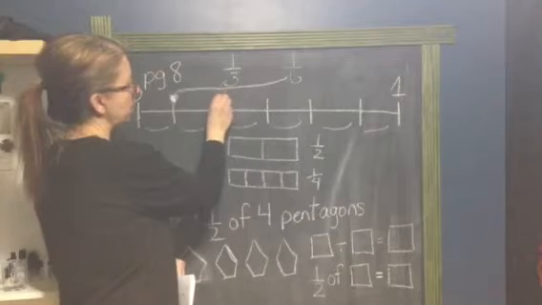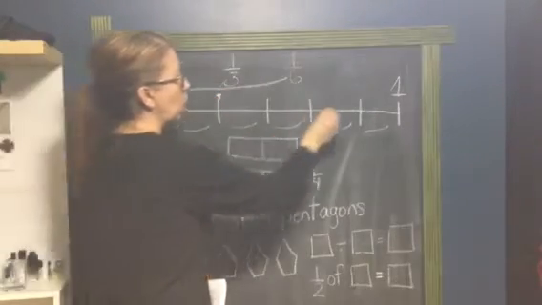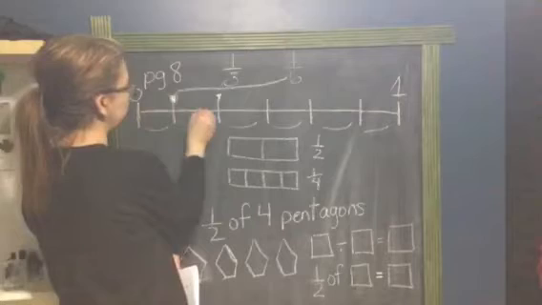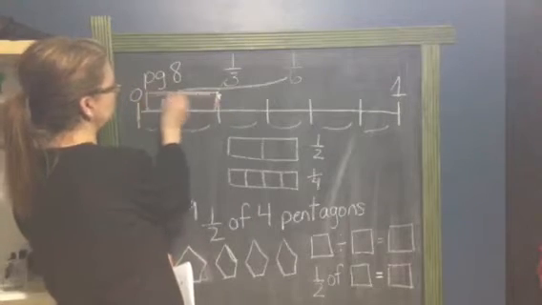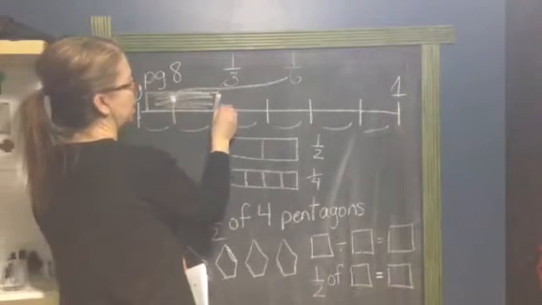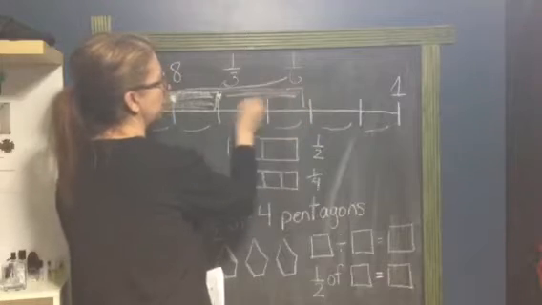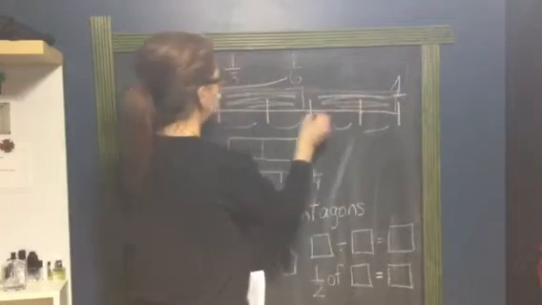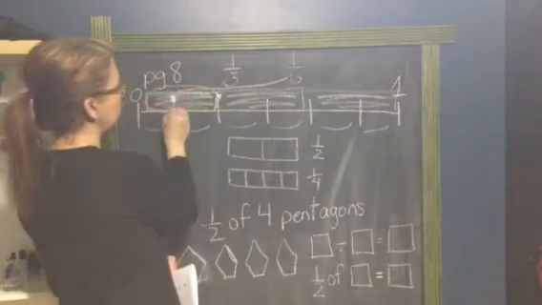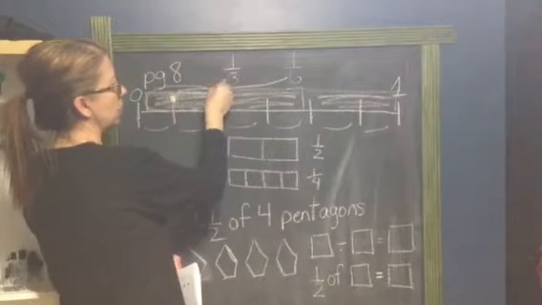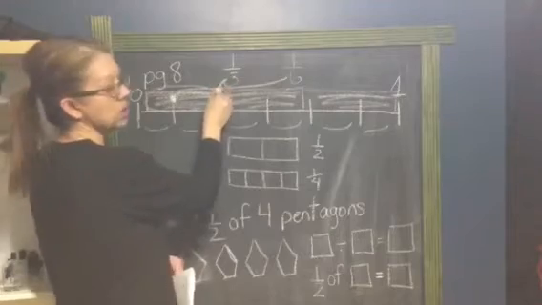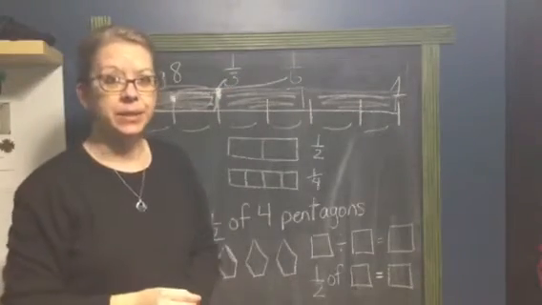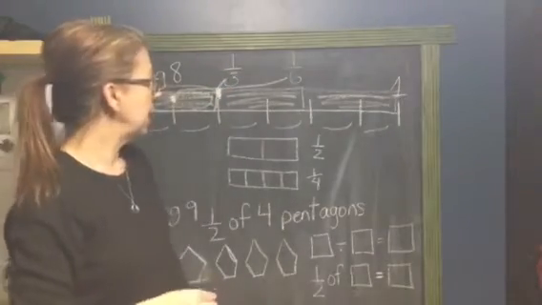So 1/3 of this whole line, if you can visualize this, if I colored in this much, and then this much, and then this much, this would be 1/3. So I'm going to draw my arrow here to 1/3. I hope that's clear. I hope you understand how to do that.